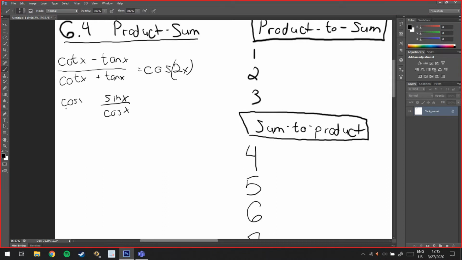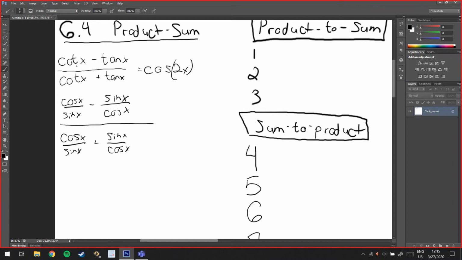Keep my subtraction. And then I'm going to do the same exact thing in the denominator. Isn't it just 1 over 1? No, since we have an addition and subtraction, they're not the same terms.